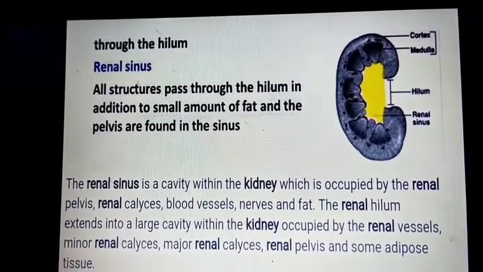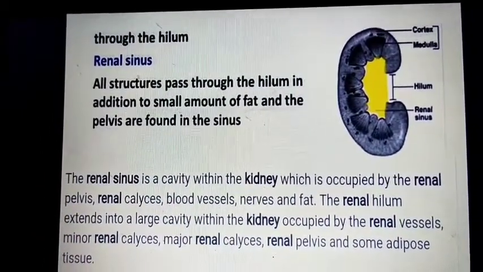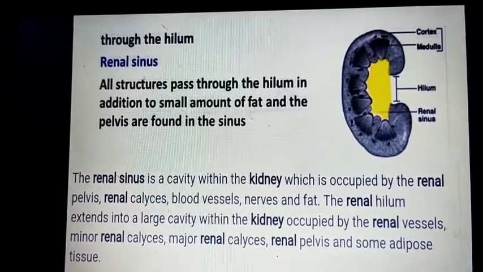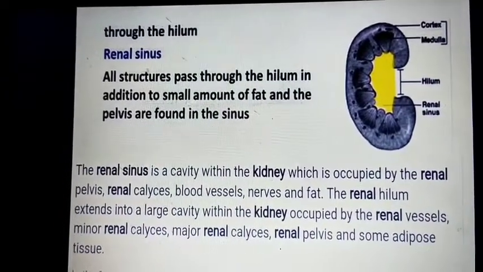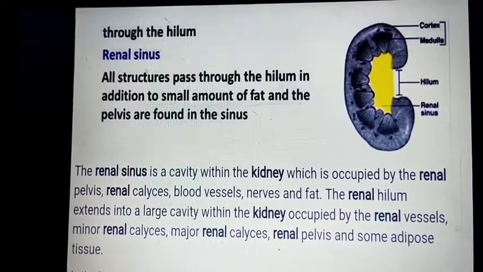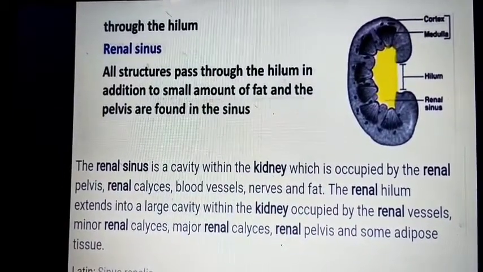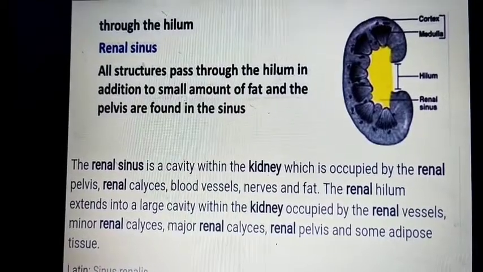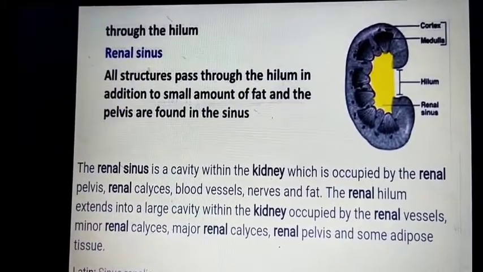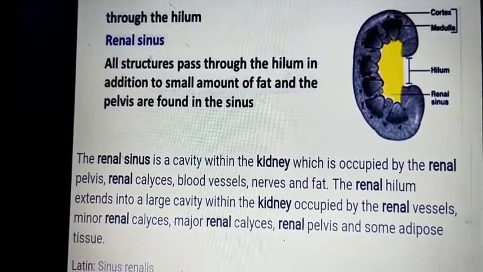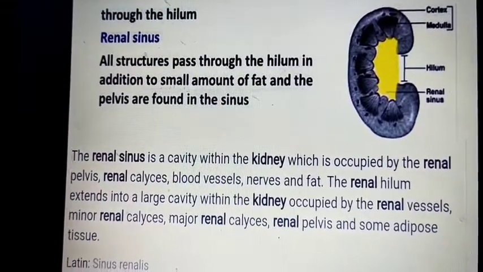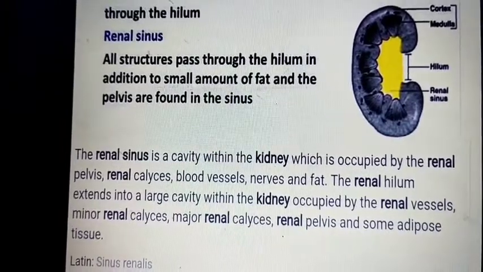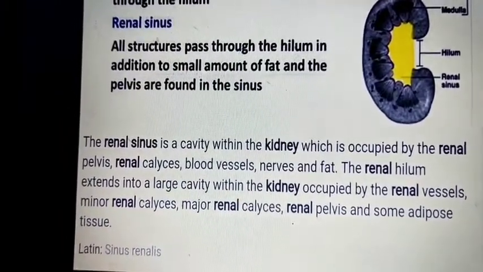The renal sinus is a cavity within the kidney which is occupied by the renal pelvis, renal calyxes, blood vessels, nerves, and fat. The renal hilum extends into the large cavity within the kidney occupied by the renal vessels, minor renal calyxes, major renal calyxes, renal pelvis, and some adipose tissue.